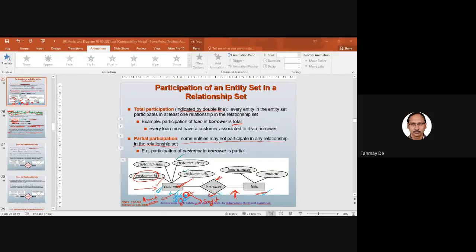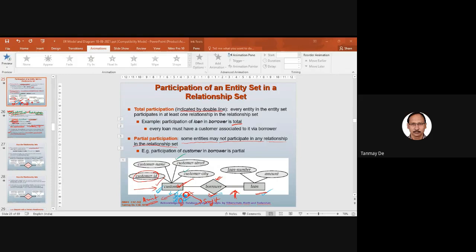That is, in this borrower relation, the participating entity sets are customer and loan. So how is the super key of the borrower relation formed?